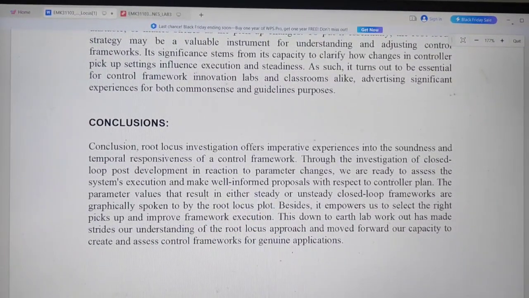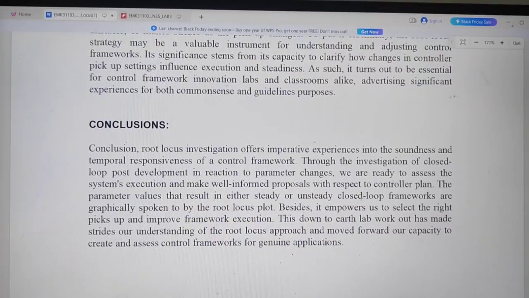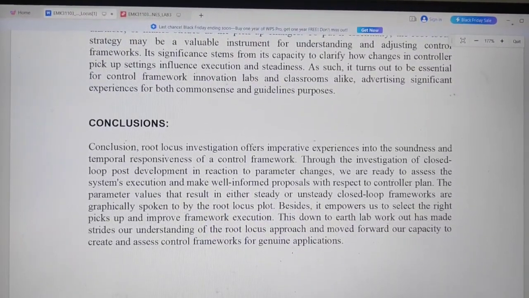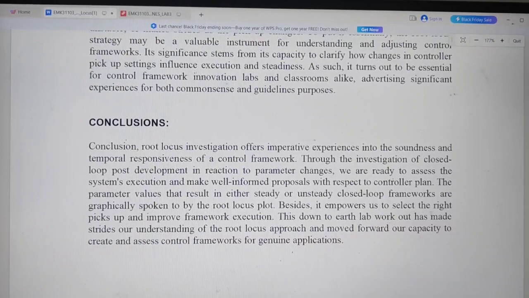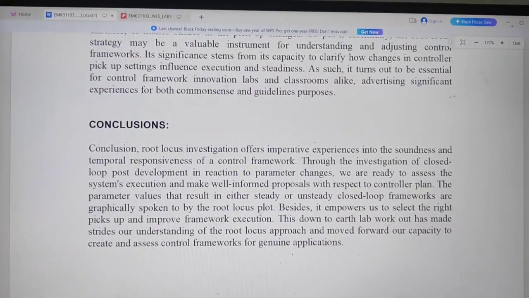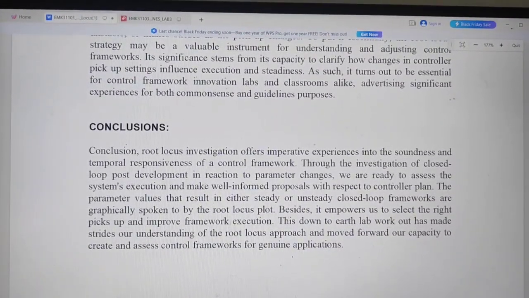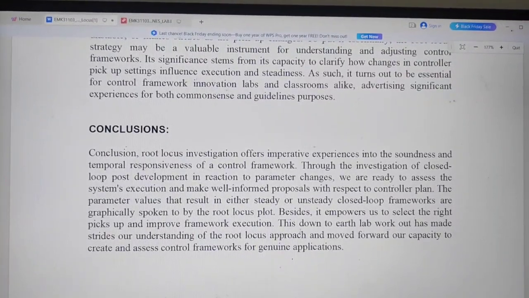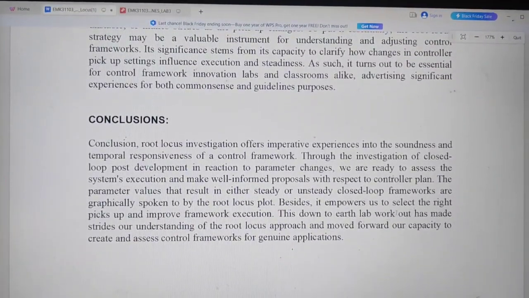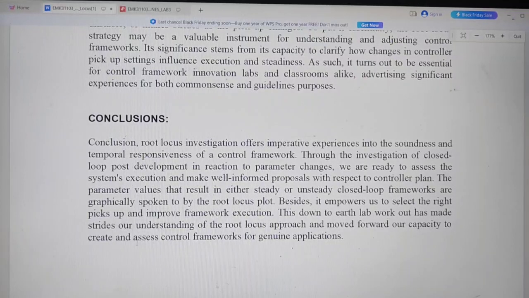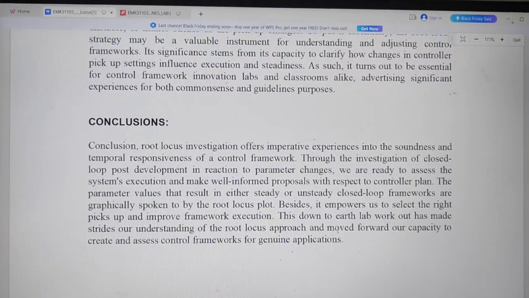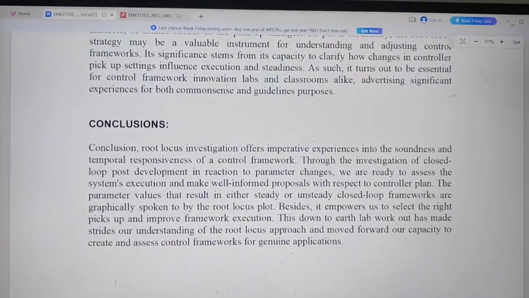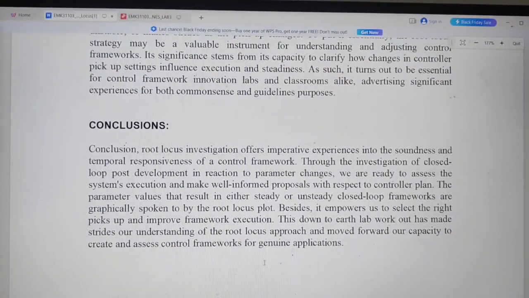The parameter values that result in either a stable or unstable closed loop system are graphically represented by the root locus plot. Besides, they enable us to select the right gain and improve the system performance. This hands-on lab exercise has improved our understanding of the root locus approach and our ability to design a control system for real applications.